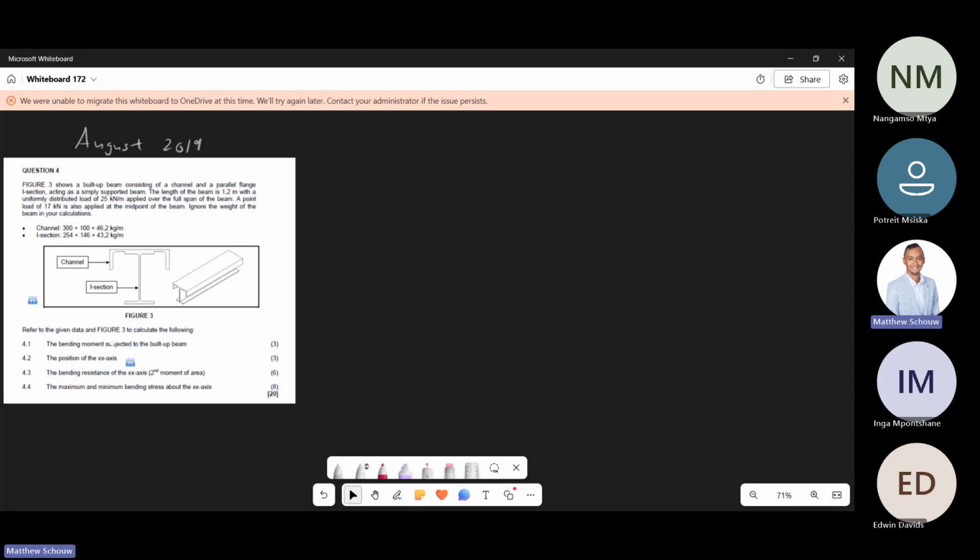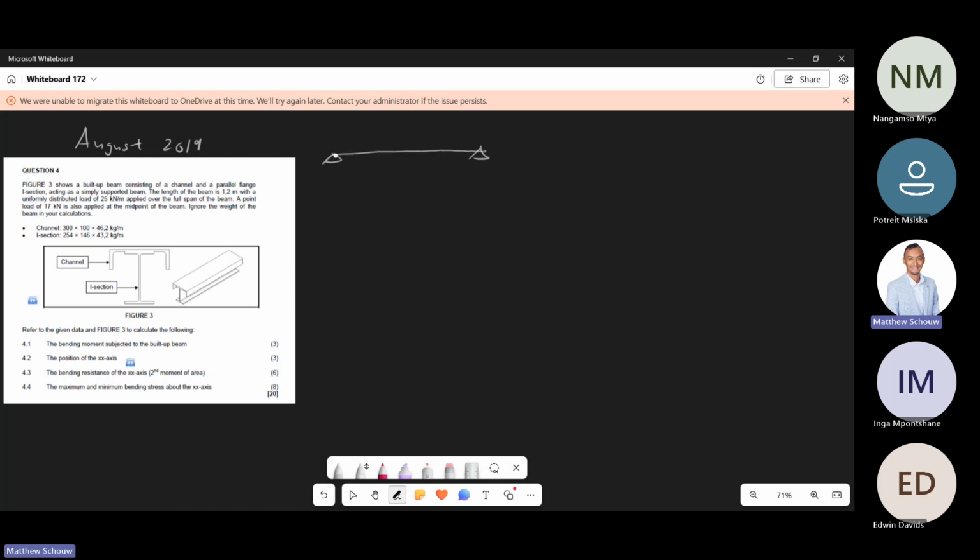So we have figure 3, which shows a bolted beam consisting of a channel and a parallel flange I section acting as a simply supported beam. The length of the beam is 1.2 meters with a uniformly distributed load of 25 kilonewton per meter applied over the full span. If I could sketch this beam, we're not sure of the supports.